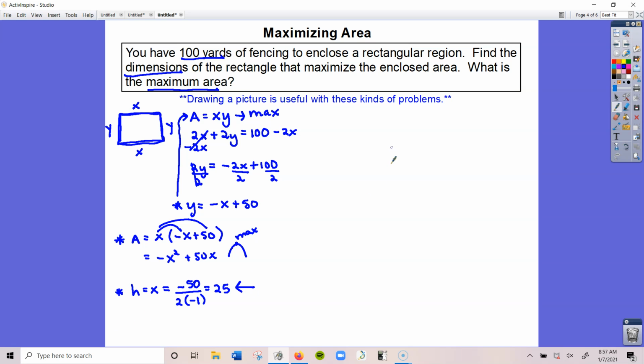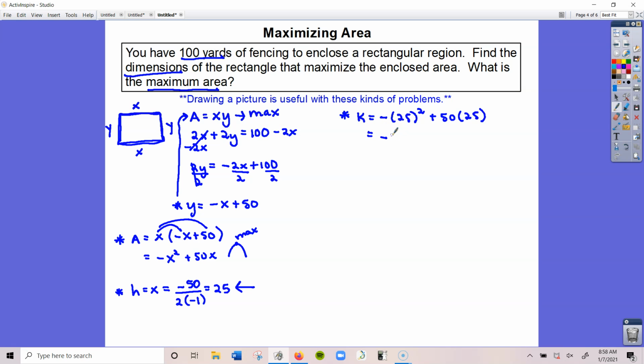Now we're going to solve for k, which is where you take this 25 and you plug it back into the equation that we had originally for area. So negative 25 squared plus 50 times 25. 25 squared is equal to 625.